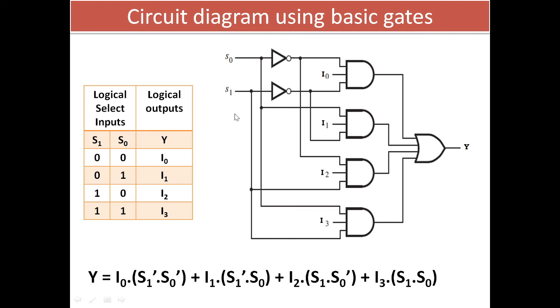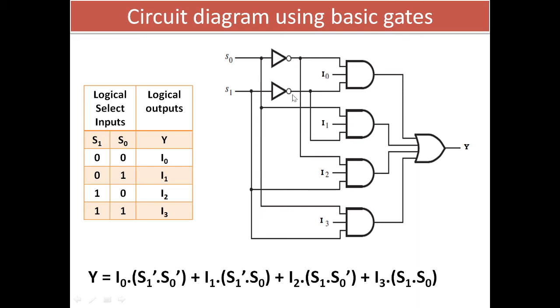So we will use NOT gates to get the complement. S0 into a NOT gate provides us S0 bar, so this particular line will be S0 bar. Similarly, when S1 is complemented, we get S1 bar.